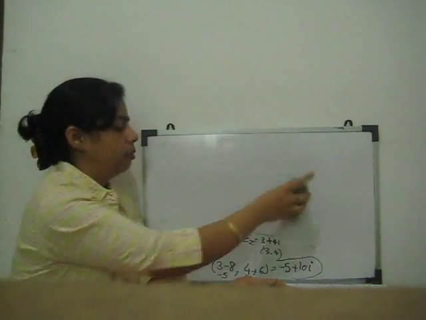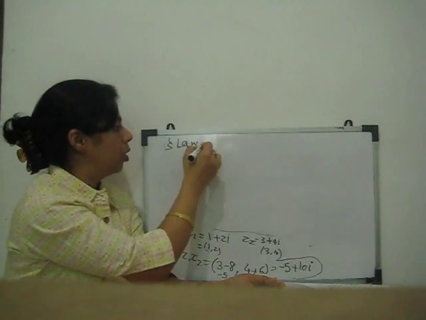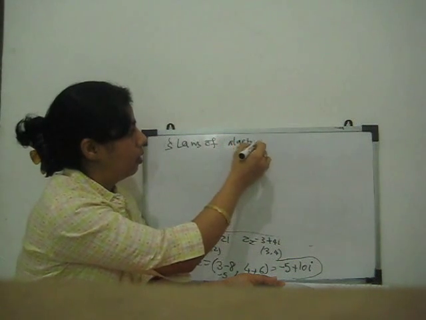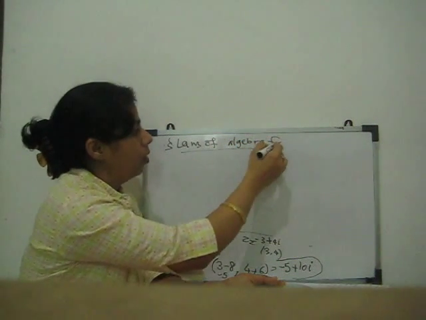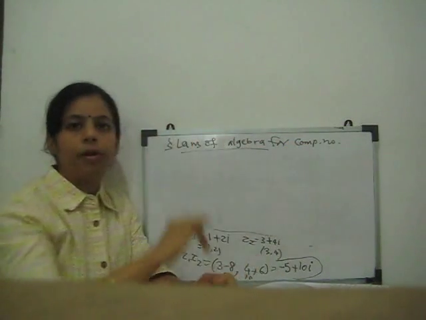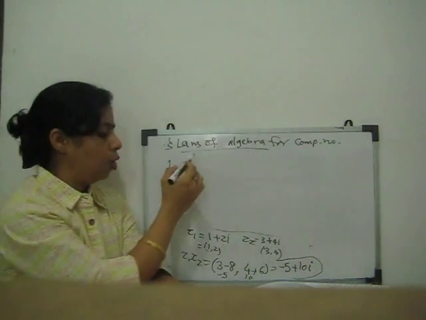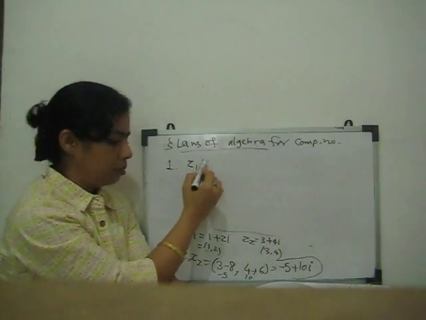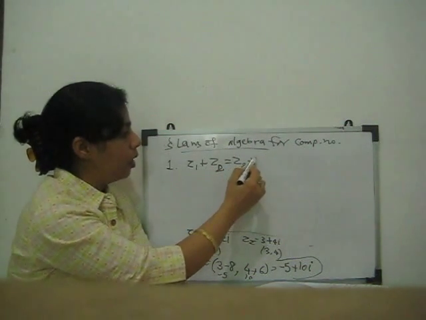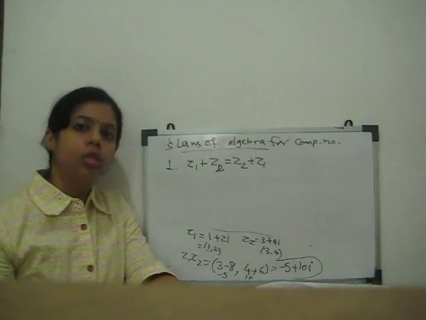So what are the laws of algebra for complex numbers? First one is the commutative law. z1 plus z2 is equal to z2 plus z1, both give the same value.